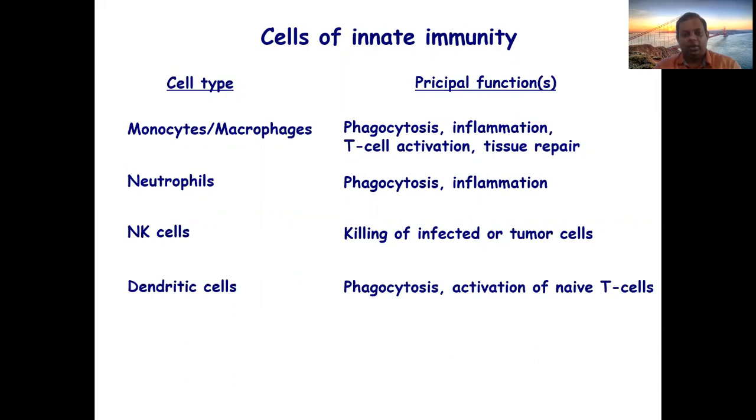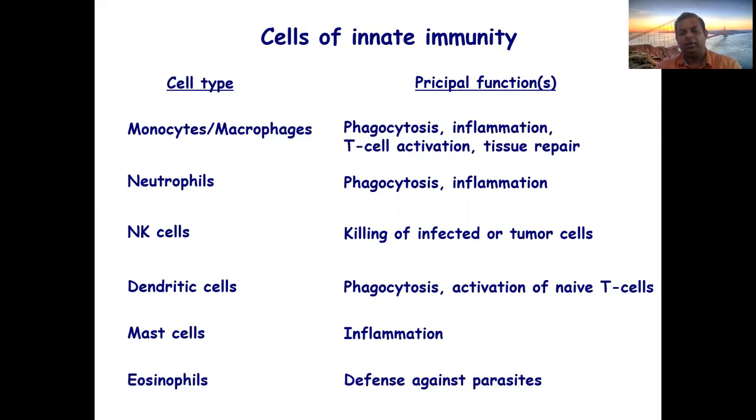Dendritic cells cause phagocytosis and activation of naive T cells as well. They act as antigen-presenting cells, mainly going with innate as well as adaptive immunity. Mast cells provoke inflammation, eosinophils defend against parasites. That's why following parasitic infection, we see eosinophilia.